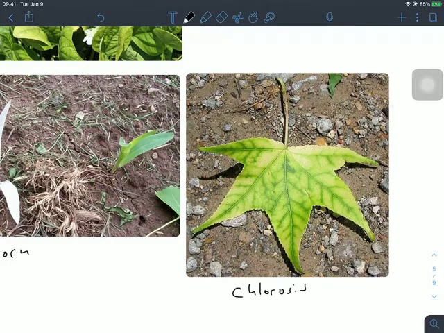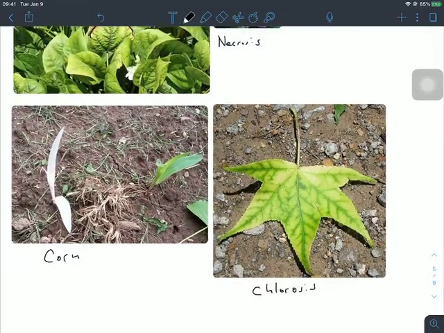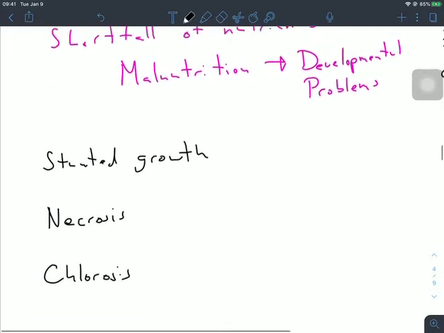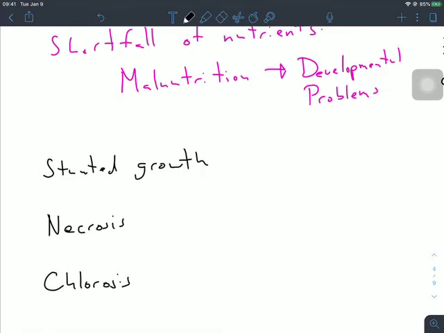The yellowing is because it's not able to make the chlorophyll pigments. So while there are a lot of nutrients that cause each of these in different ways, I'll ask y'all to keep track or give y'all examples of each one of these with only one.